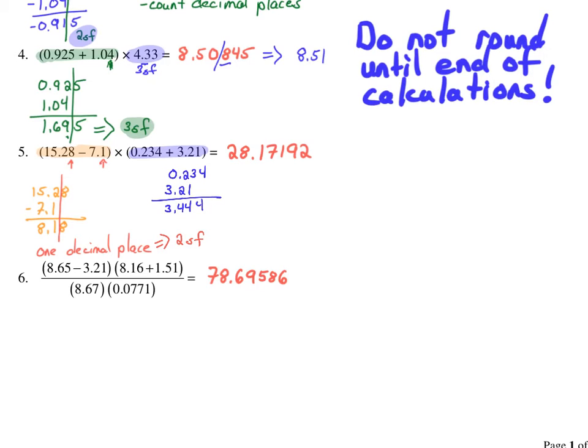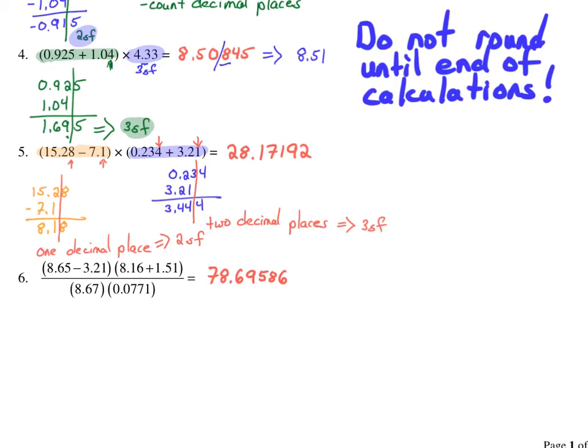Let's look at the second result. We have 3 decimal places here and just 2 in that second number. So we're going to be limited to 2 decimal places in this result. For this result, 2 decimal places indicates 3 sig figs are justified.